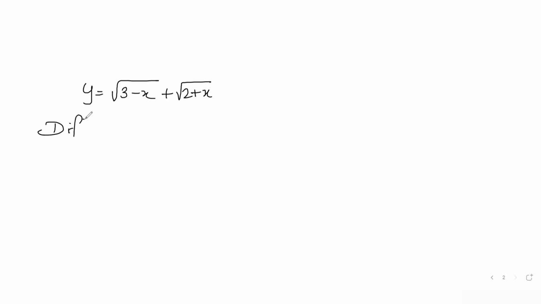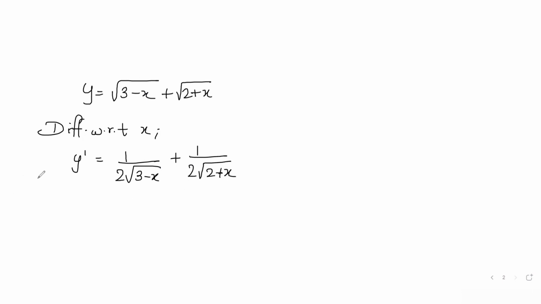So if I differentiate it with respect to x, y dash becomes 1 upon 2 root of 3 minus x plus 1 upon 2 root of 2 plus x. After doing the differentiation, we put dy by dx equal to 0.